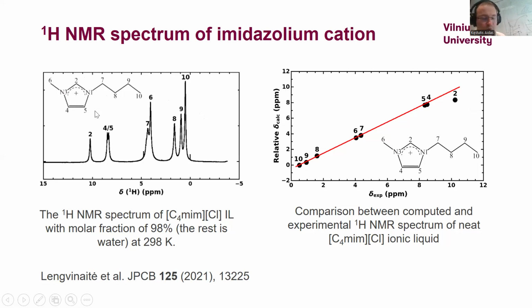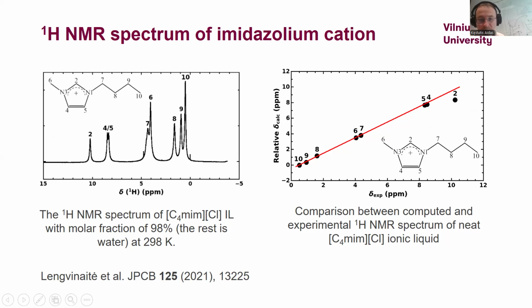It might come as a surprise, but the rest of the system, all the ions in the second solvation shell and beyond, turn out to be almost irrelevant. For the proton NMR data, it's only the molecules in the immediate vicinity of the cation that mainly determine the values of the proton chemical shift.